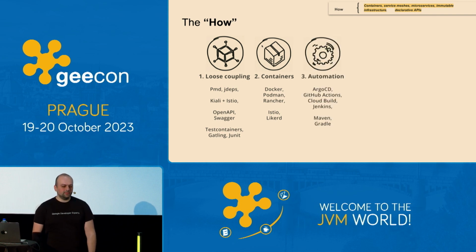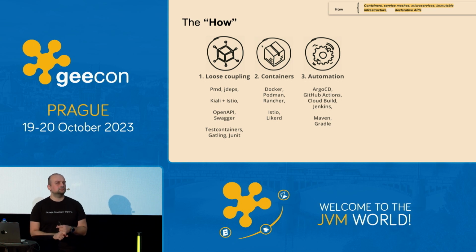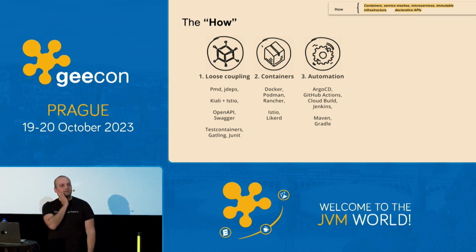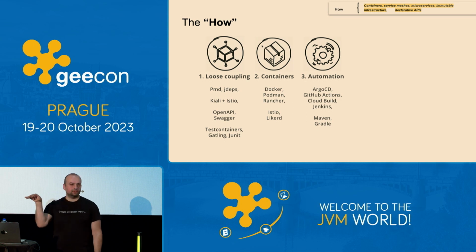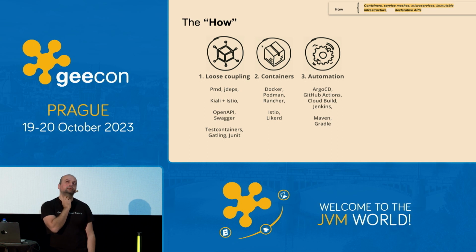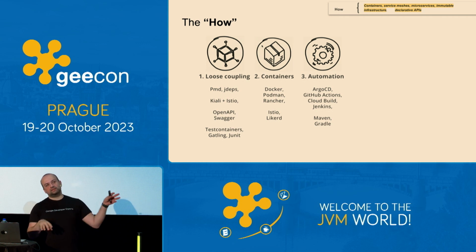Automation. Automation comes in all different shapes and sizes. You want to automate your builds, obviously, because back in the good old days, I worked on a project, around 2011, 12. Back then it was already a legacy-ish project.